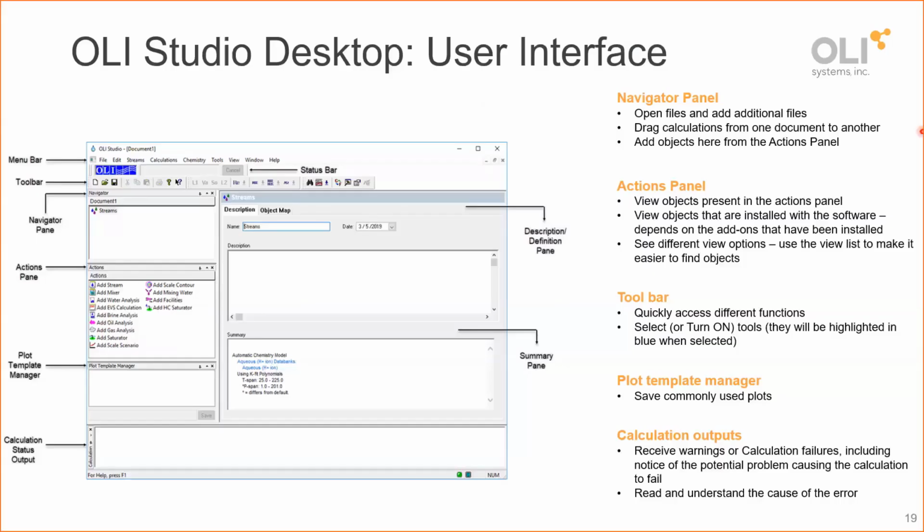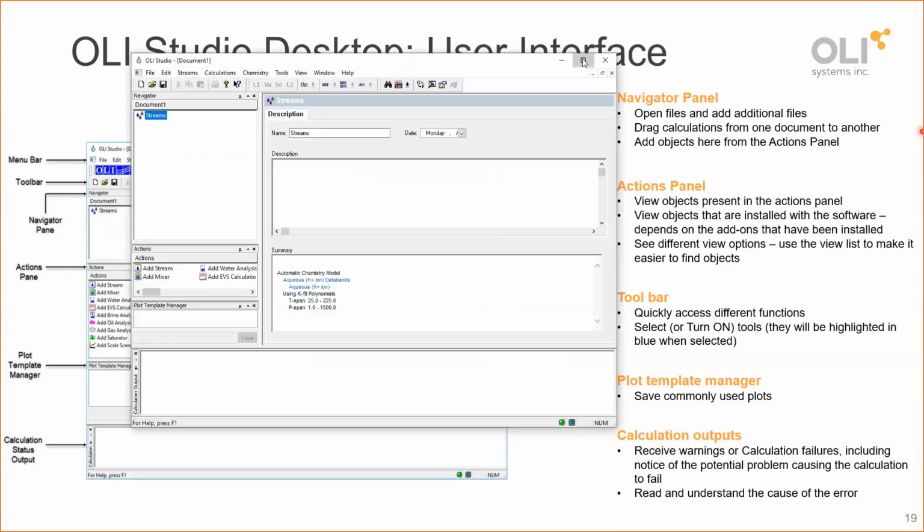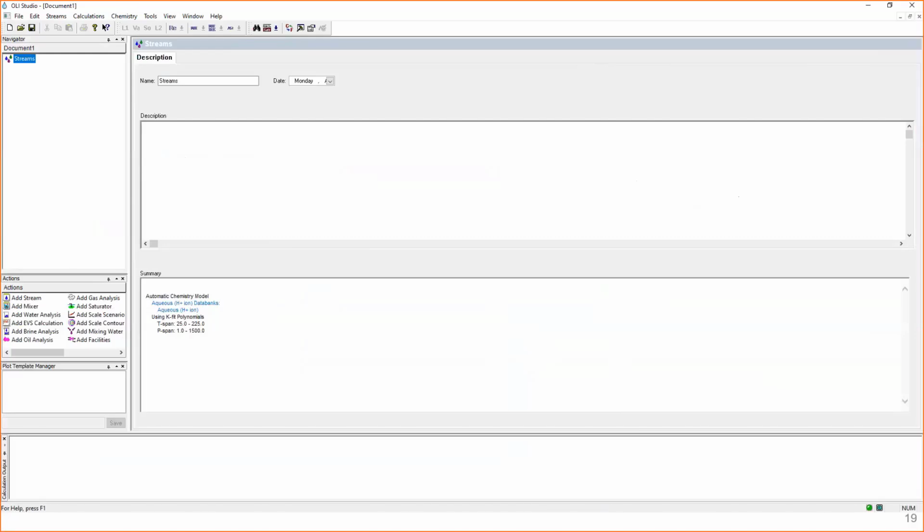Okay, and you open it in a different place. So this is the software, and we will be studying the different windows or panels that you see here. The first panel that I want to start with is the navigator panel. You see it here.